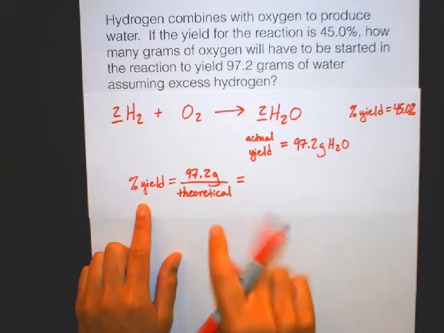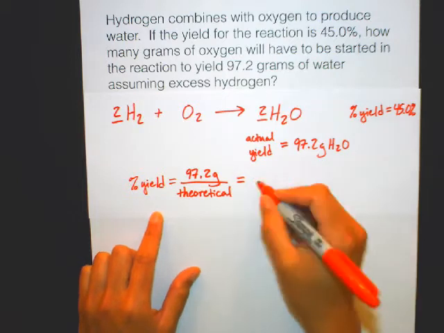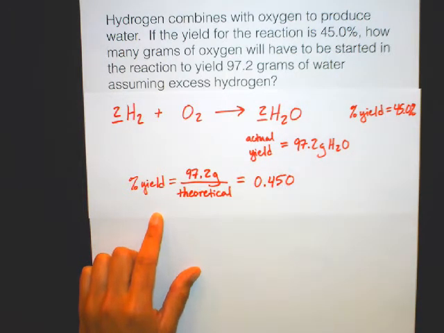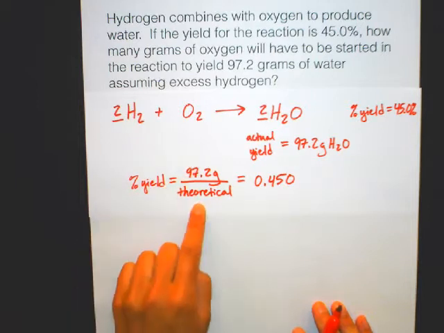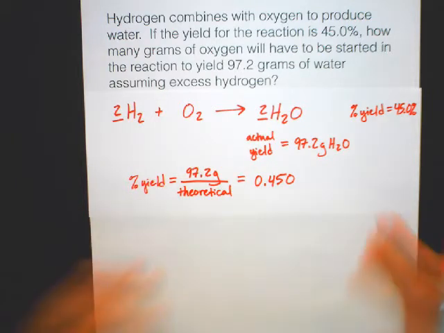Right. But we know the percent yield. And just for simplicity, getting rid of that times 100, I'm just going to set this equal to the decimal version of 45.0%. Just to make it a little bit easier. So we'll put 0.450. So actual over theoretical equals 0.450.